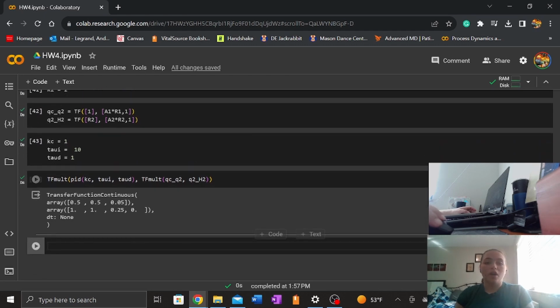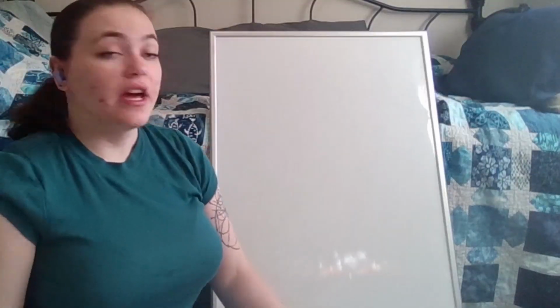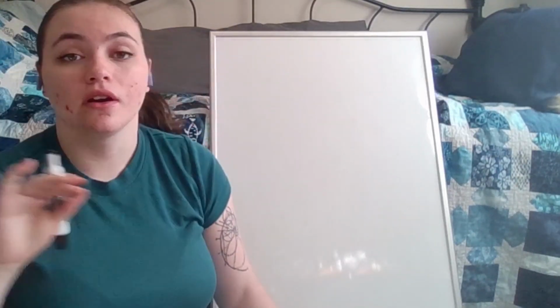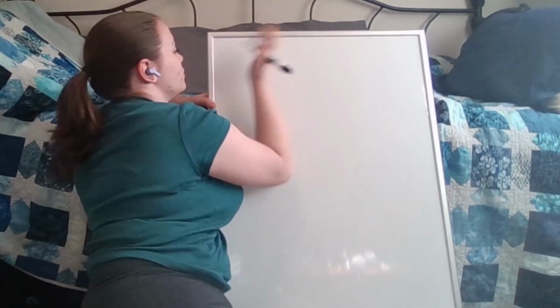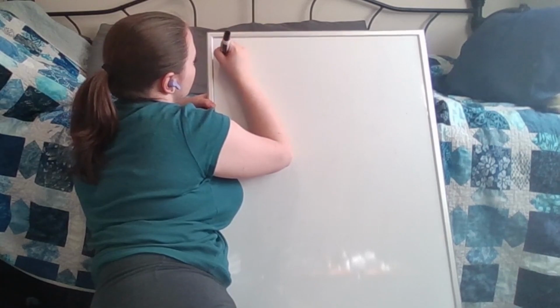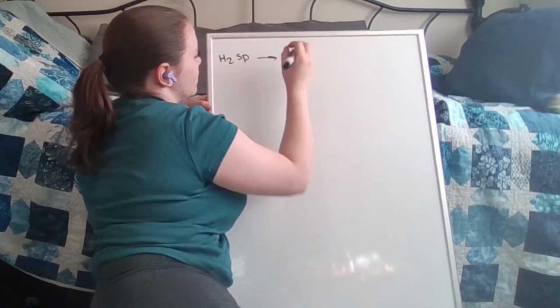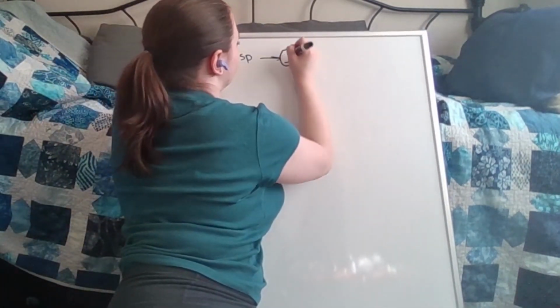And so now we are going to go back to the whiteboard and talk about the whole process, and then we'll come back here and code that last part. All right, so now we are going to set it up just a little bit differently. As far as our overall diagram with the transfer functions, we're going to do it with our set point, H2 SP, and that goes into our little plus or minus.